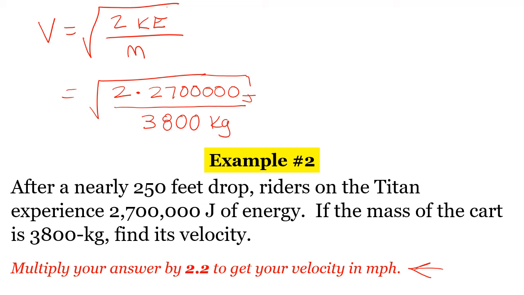And let me just toss in the J there for joules. Okay, when we're carefully entering this on our calculator, be sure to use parentheses. And we're going to get an answer of 37.7 meters per second. Now, the question tells us to multiply that by 2.2 to get our answer in miles per hour. When we do that, we get an answer of 83 miles per hour.